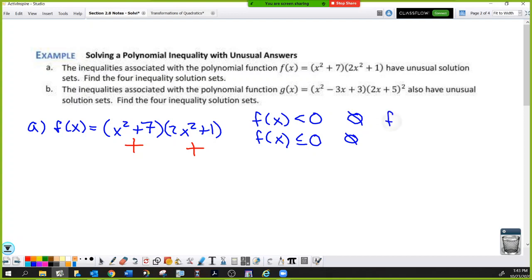What about when f of x is greater than 0? When's it greater than 0? Always. All real numbers. So negative infinity to positive infinity. What about when is f of x greater than or equal to 0? Still all real numbers.